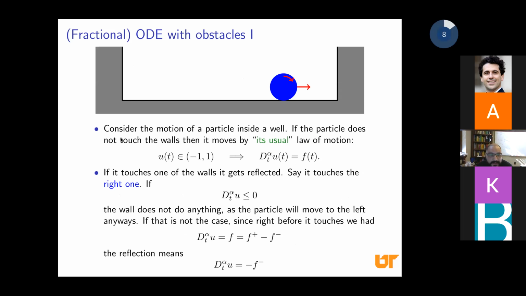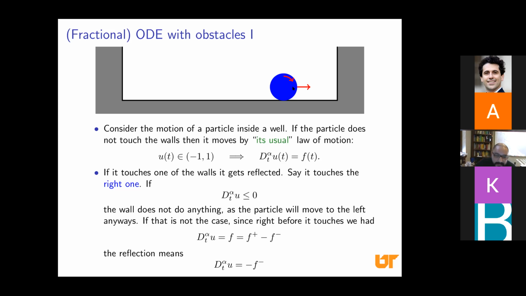Another type of example of the problems that I want to consider is ODEs or fractional ODEs with an obstacle. So let's imagine that we have a very simplified pool table, if you want. This gray thing is my pool table.